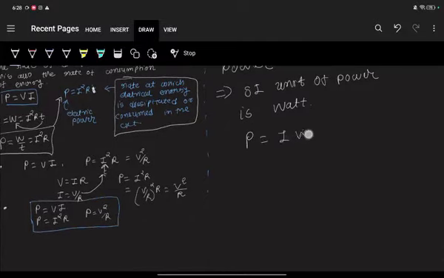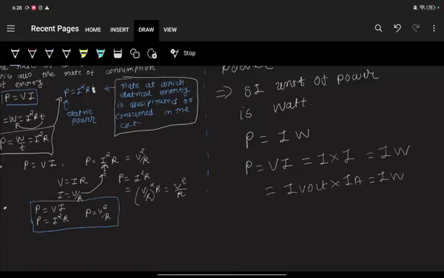What do you mean by 1 watt? We know that P is equal to VI. So if the potential difference, or voltage, is 1 volt and current is 1 ampere, then we get 1 watt. 1 volt into 1 ampere is equal to 1 watt.